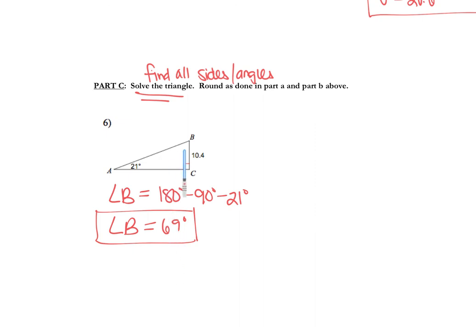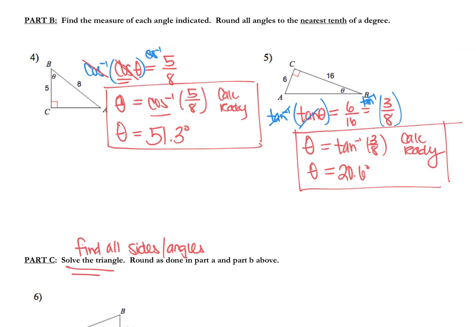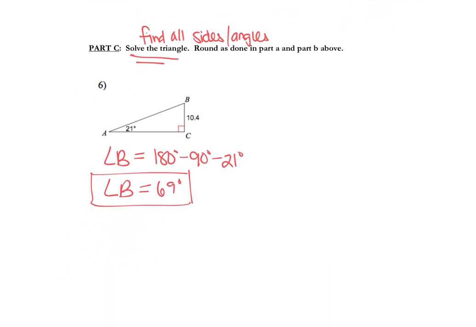However, your answer for B is exactly 69 degrees. We didn't need to plug it into our calculator and round anything like we did in part B up here. So as long as you didn't have to plug anything into your calculator and round it, you can use this if you'd like when you're solving for your missing sides. So that's 69 degrees.